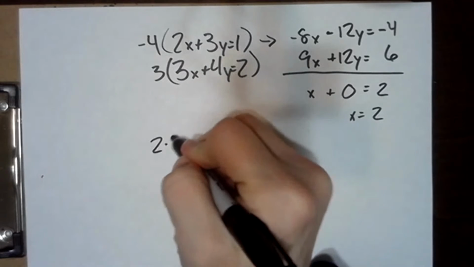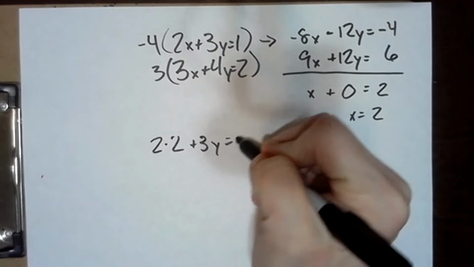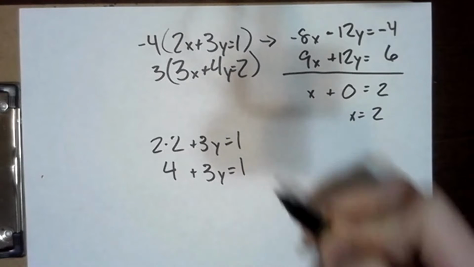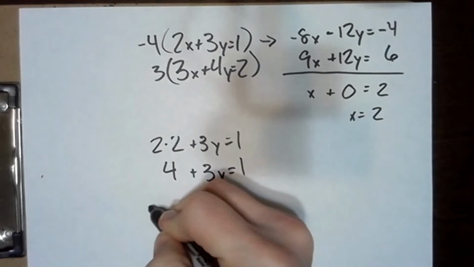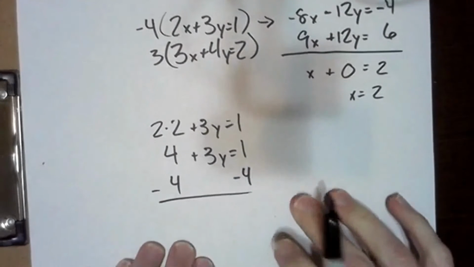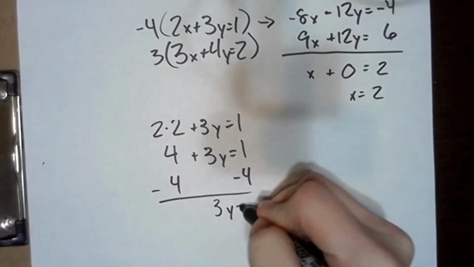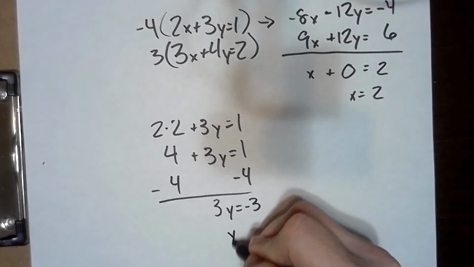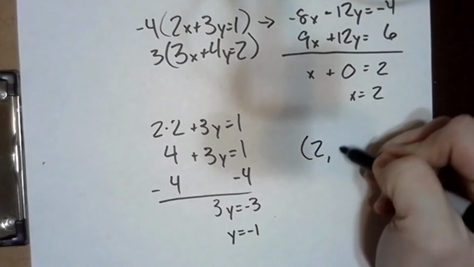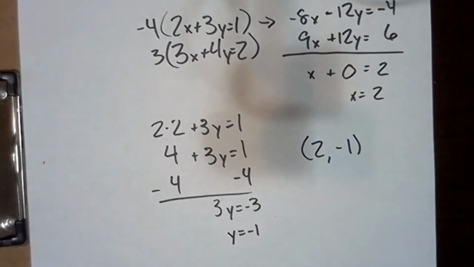So that's 2 times 2 plus 3y equals 1. That's 4 plus 3y equals 1. So then if I subtract 4 from both sides, I have 3y equals -3, and clearly that means that y equals -1. So my solution is 2, -1.